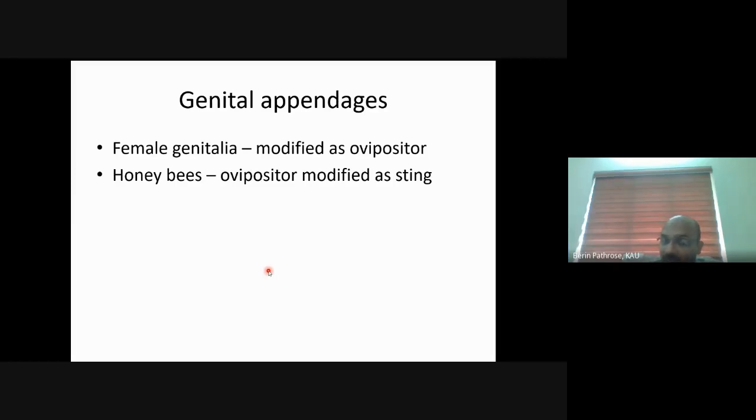Those sterile female honeybees we call soldier bees. In these soldier bees, the ovipositor is modified into a sting.